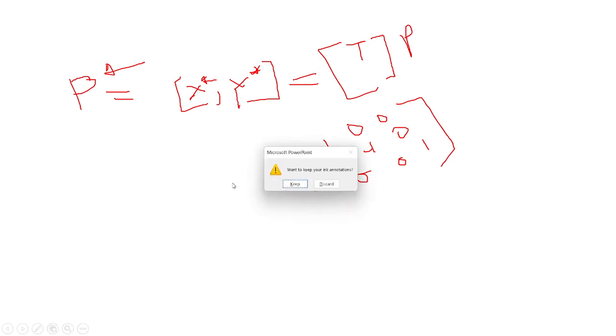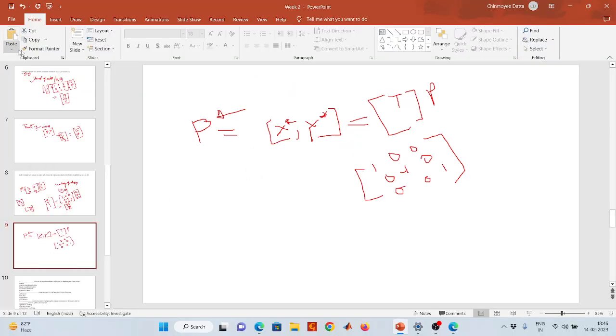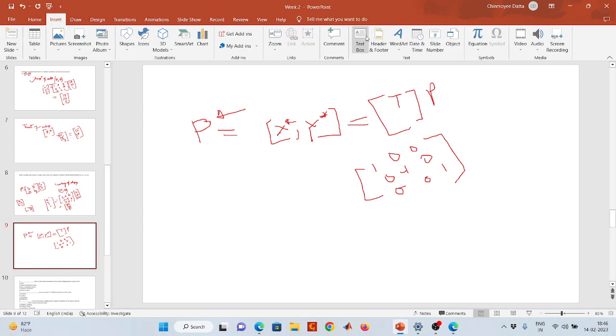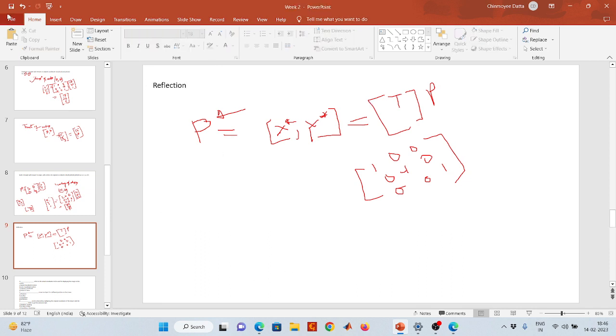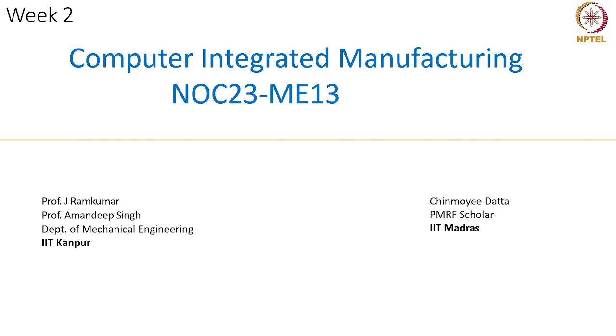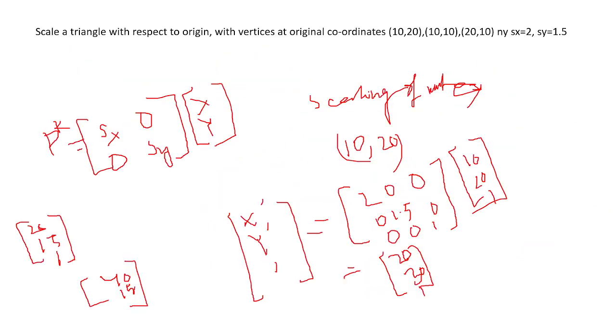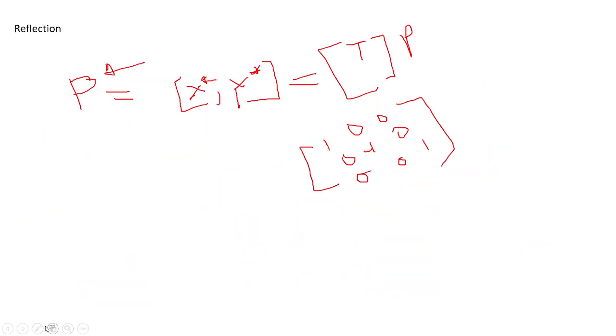So whenever we see that matrix 1 0 0, 0 minus 1 0, 0 0 1, we'll say that the object is reflected about the x-axis.